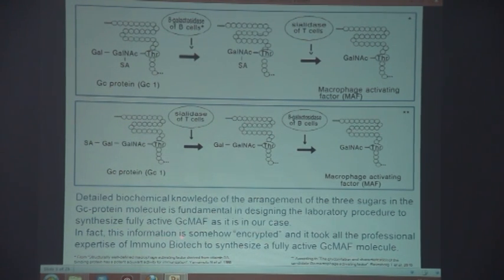And this information is somehow encrypted, and it took all the professional expertise of Immuno Biotech to synthesize a fully active GcMAF molecule. So we have to consider also this possibility.